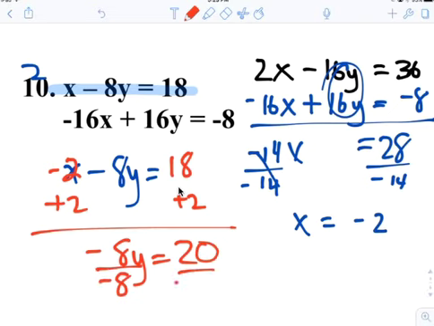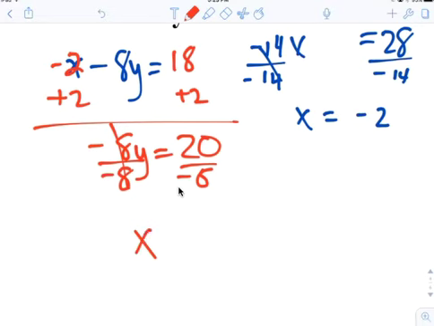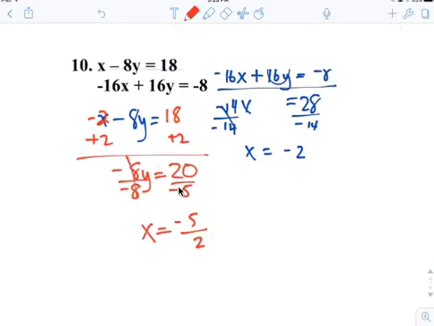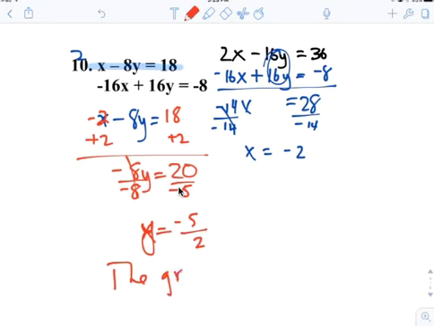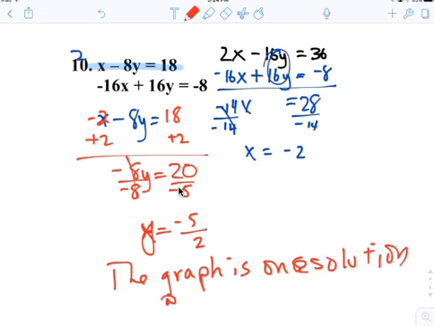Divide by -8, divide by -8. Y is equal to, reduce that to 10 over, I'm going to divide both by 4, so -5 over 2. So the graphs will meet at one solution at -2, -5 halves.